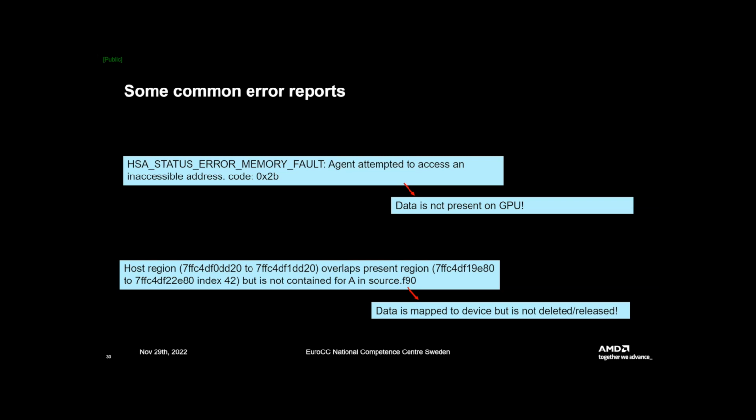For example, this error, memory fault, means it's trying to access memory and it's not there. So likely the data is just not present on the GPU. I see this error in different forms from different compilers, that the host region overlaps, and that means it did not get deleted, released, and then copied properly back over. That can be a very confusing error message.